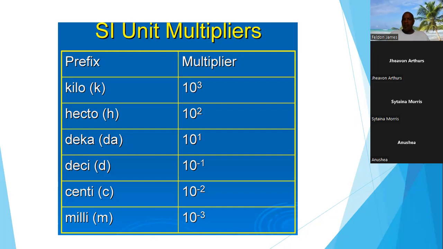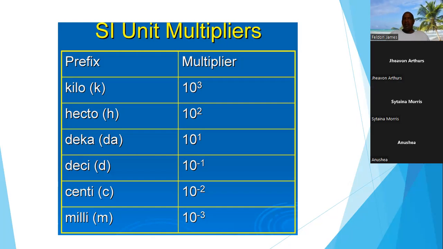Hectometer would be 100 meter, right? So 100 meter would be actually 1 hectometer. You follow what I'm saying? Yes, sir. Right. So why we have these varying prefixes is based on the relevance of what we're measuring.